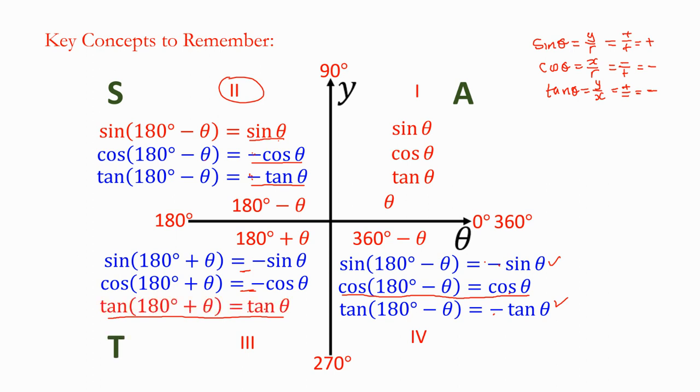So we write T there for tan. Tangent of angle, just tan is a short way of saying it. And then we have quadrant 4, which is cos, that is going to be positive, cos 180 degrees minus theta.